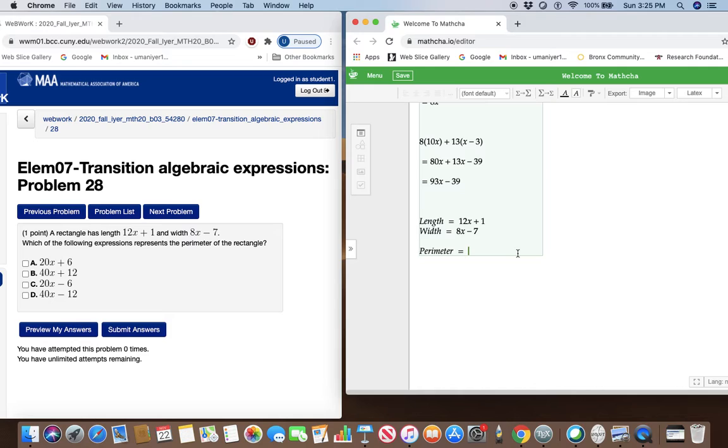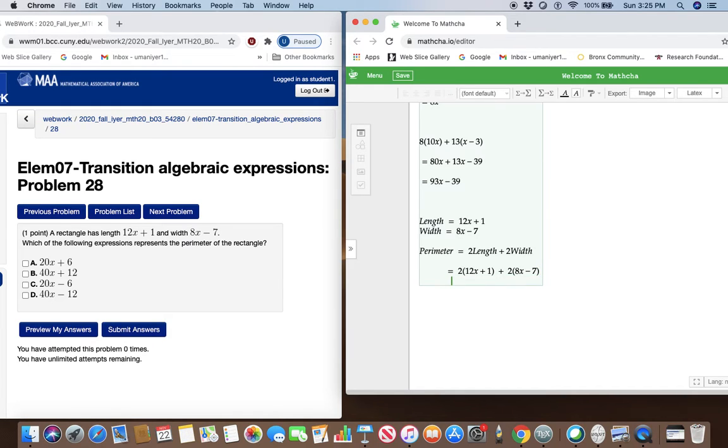Perimeter is 2 times length plus 2 times width. So that's what they want, right? So 2 times, don't forget parentheses, (12x plus 1), plus 2 times, don't forget parentheses, (8x minus 7).